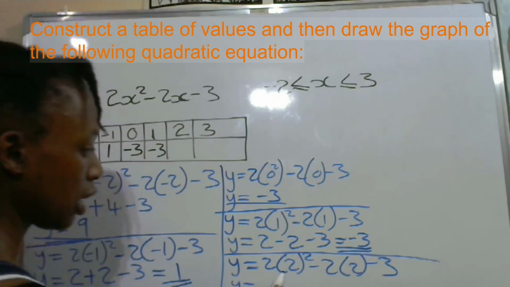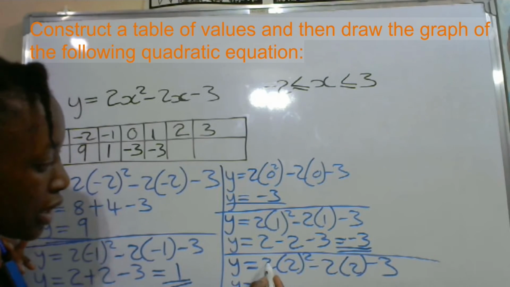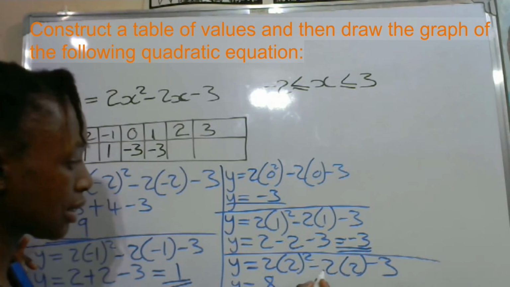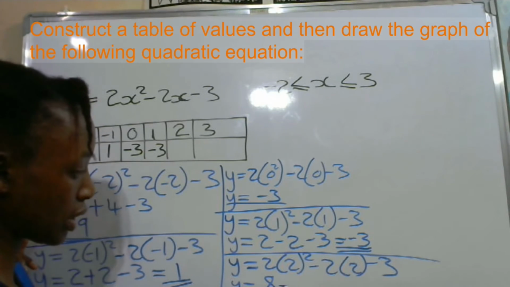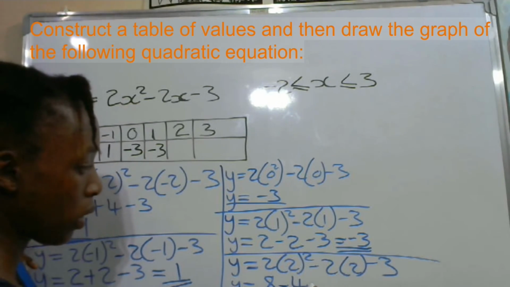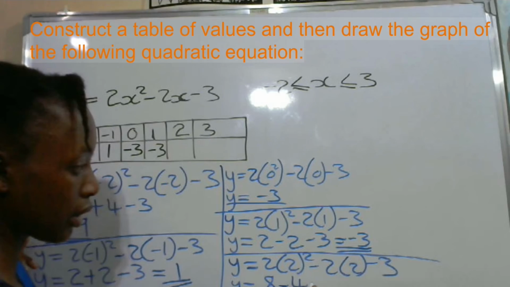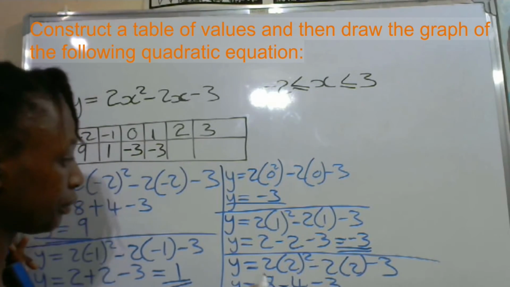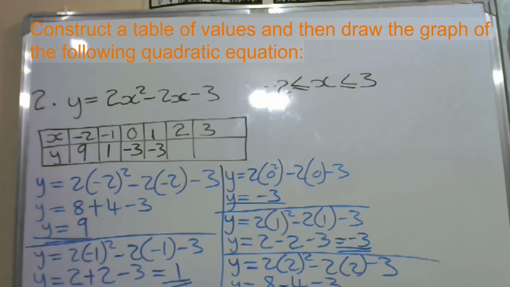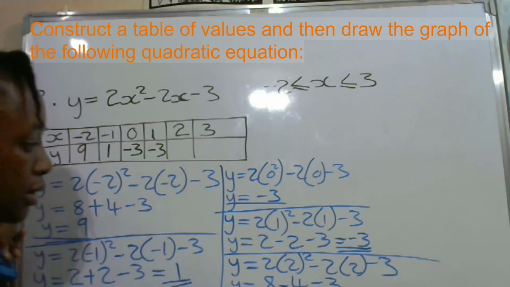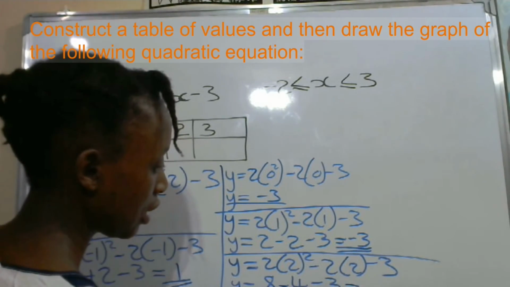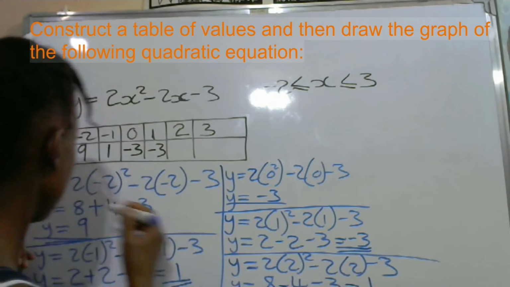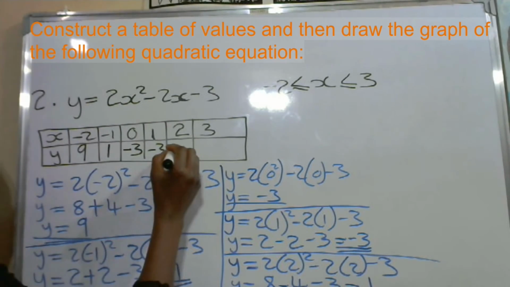So 2 squared is 4. 4 times 2, it's 8. 8, negative 2 times 2, so it's 8 minus 4. And then minus 3. So 8 minus 4, it's 4. 4 minus 3, it gives us a positive 1. So we get our 1 there.